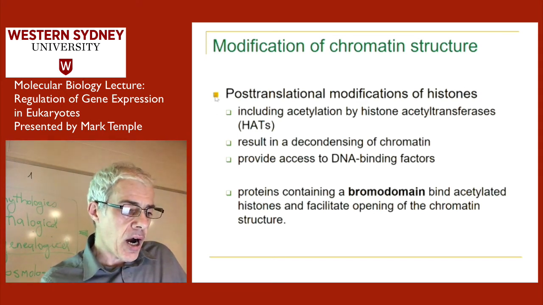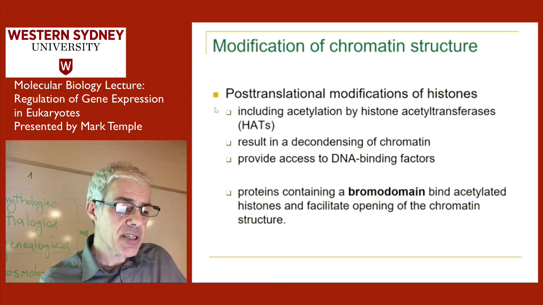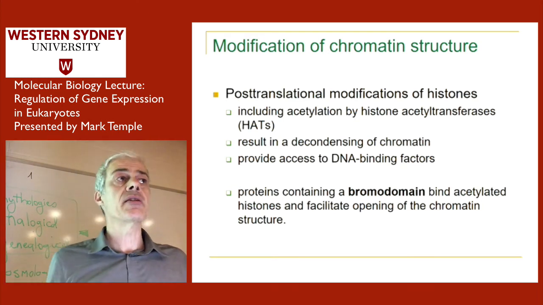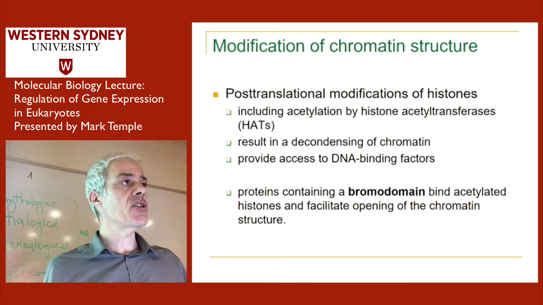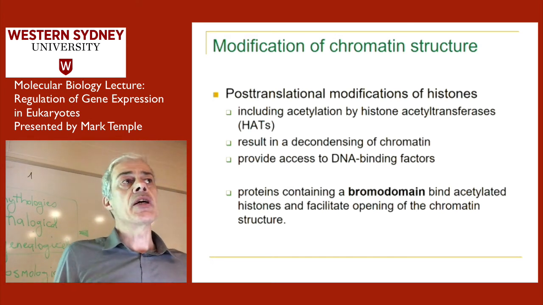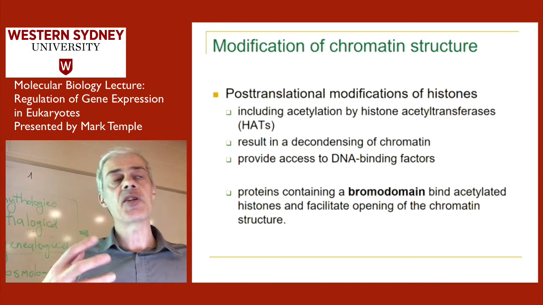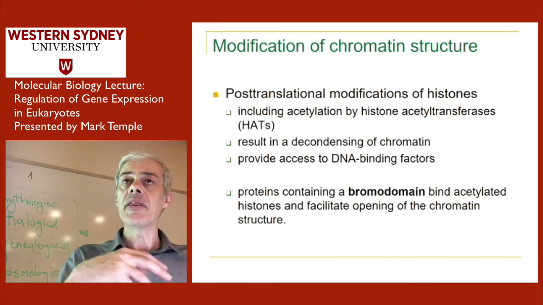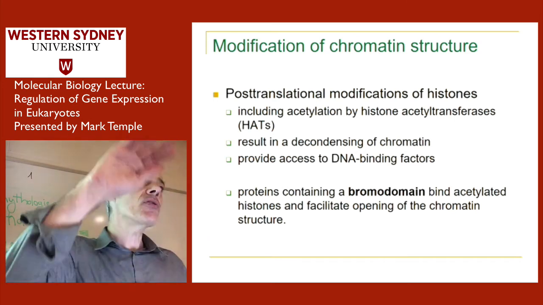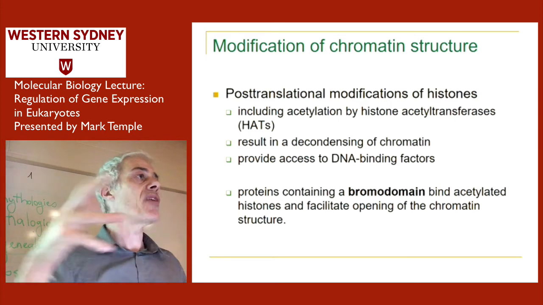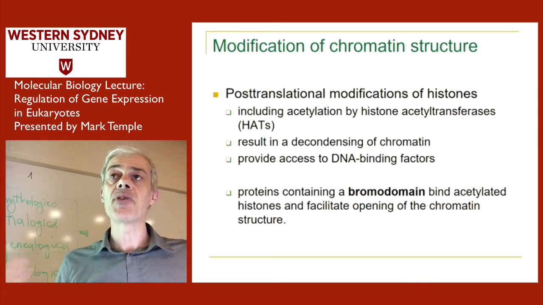Now, I've used the phrase a couple of times in these lectures, post-translational modifications of proteins, typically to turn proteins on or off through phosphorylation, or to target proteins, I haven't talked about this, but to target proteins for degradation through ubiquitination, or proteins can be methylated. So different side chains of the amino acids can be modified after the protein's been made.